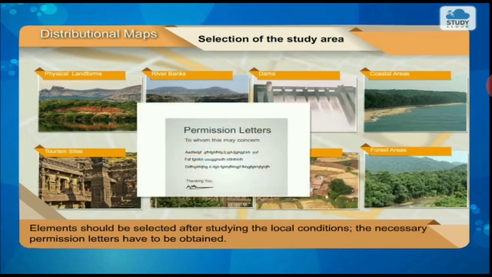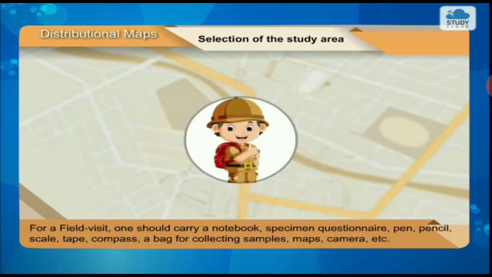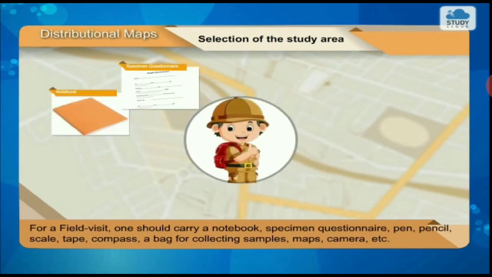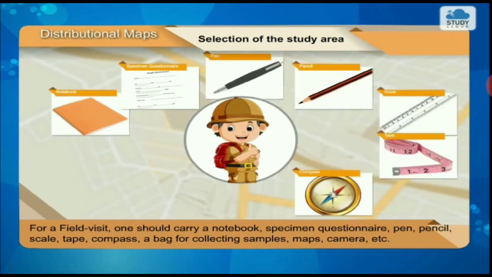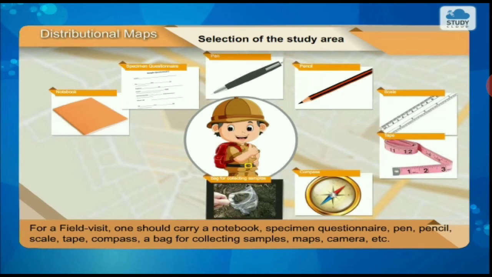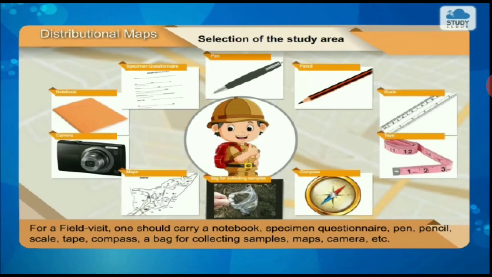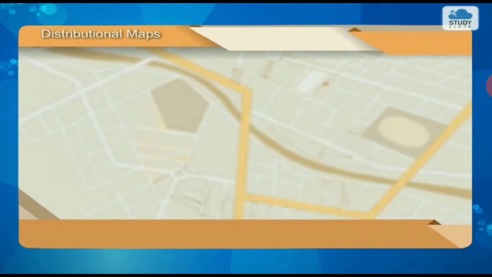The necessary permission letter has to be obtained. For a field visit, one should carry a notebook, specific questionnaire, pencil, pen, scale, tape, compass, a bag for collecting samples, map, camera, etc.